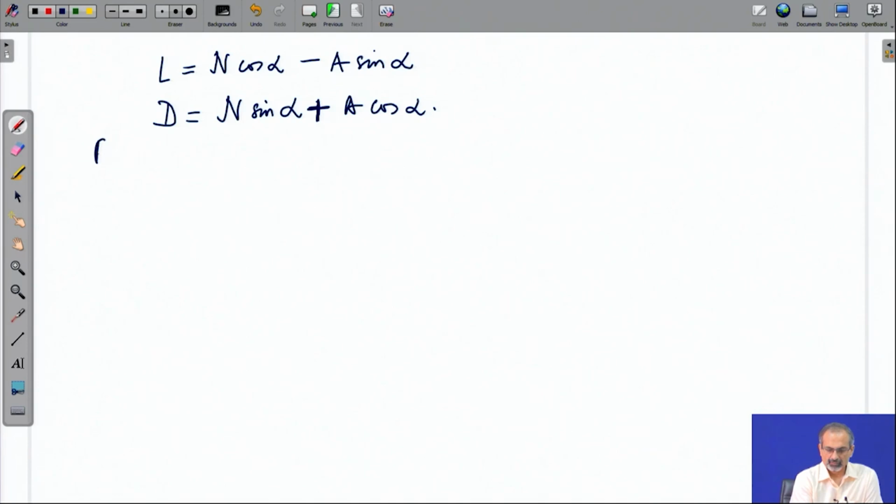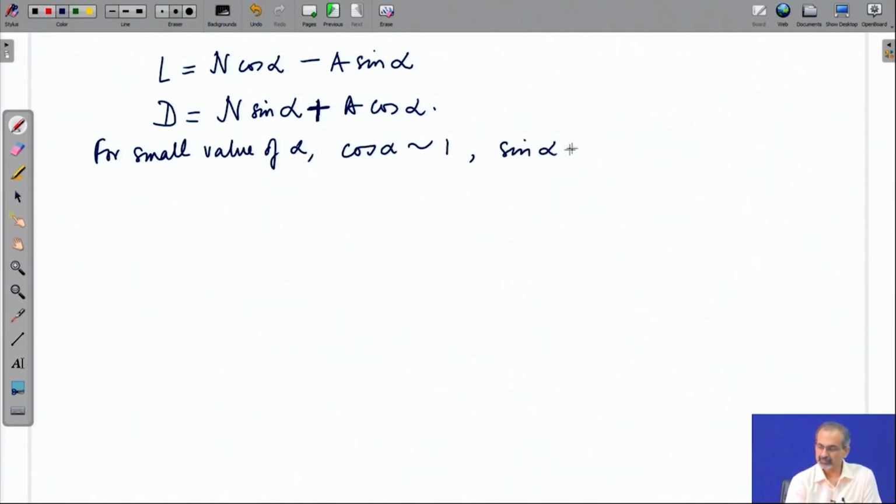And for small values of alpha, cos alpha would be approximately 1 and sin alpha approximately 0. Therefore, there is a significant simplification: lift will be approximately equal to the normal force, and drag approximately equal to the axial force.